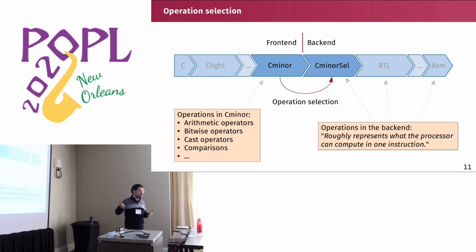For most operations it goes well, but for some of them there is no actual operation in the instruction set of the processor that can directly represent the operation you are trying to compile.